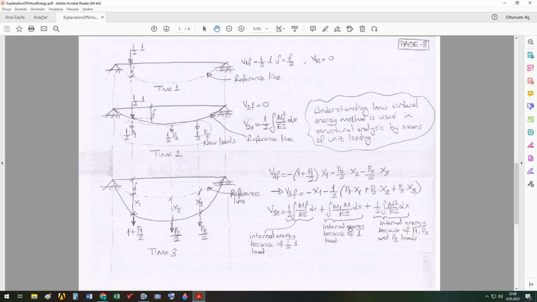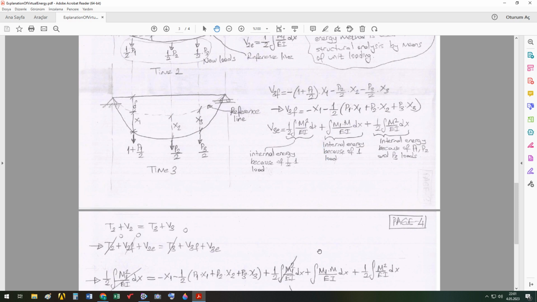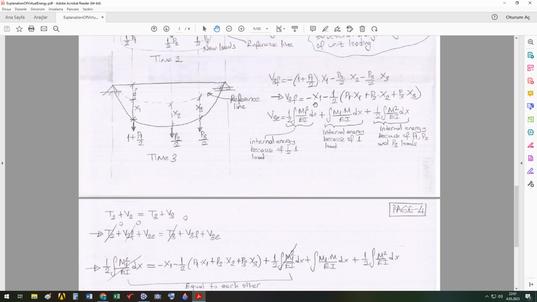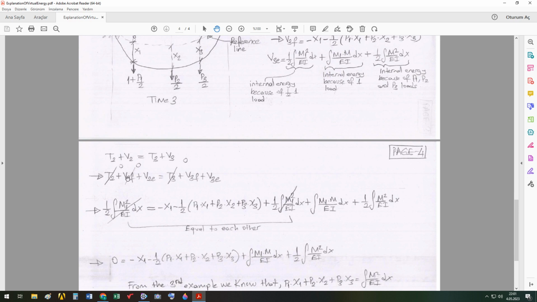Okay. So let's write the same equation depending upon the conservation of energy. As we know from the dynamics, kinetic energies are 0, and from here we learned that V2F is 0.